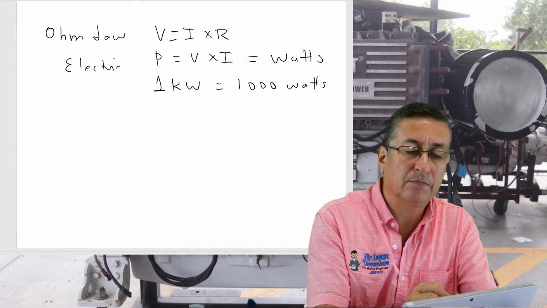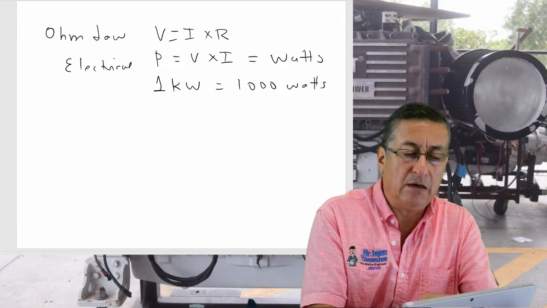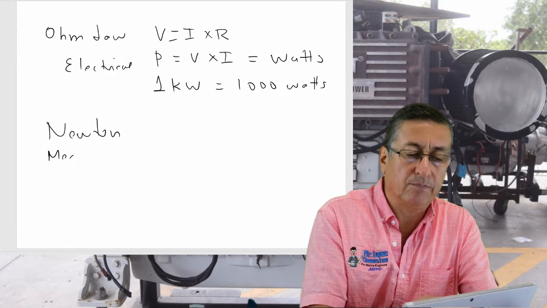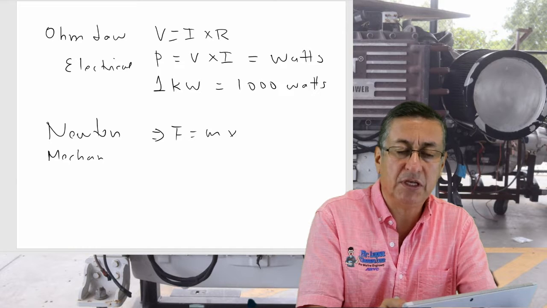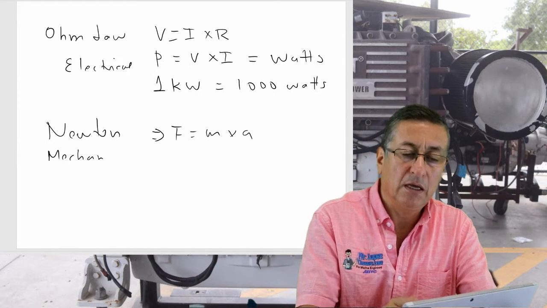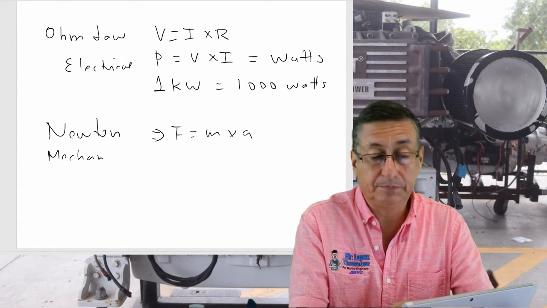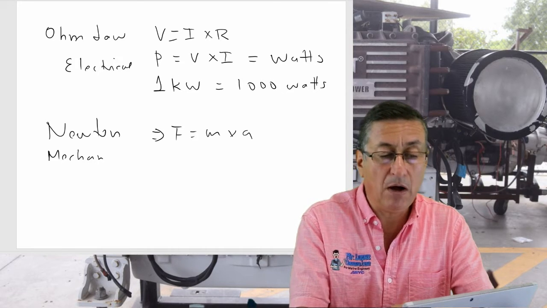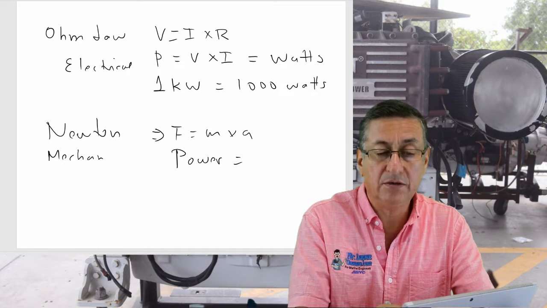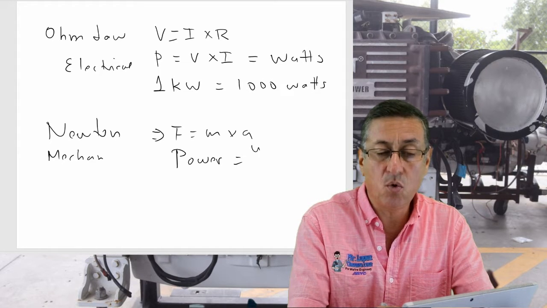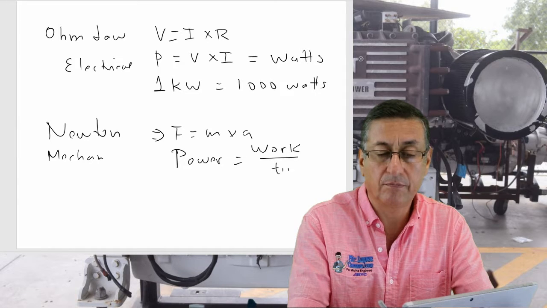Alright, this is in electrical systems. Okay, Mr. Newton, in mechanical systems, states that the force is equal to the mass times the acceleration. And the power is the work in a period of time.